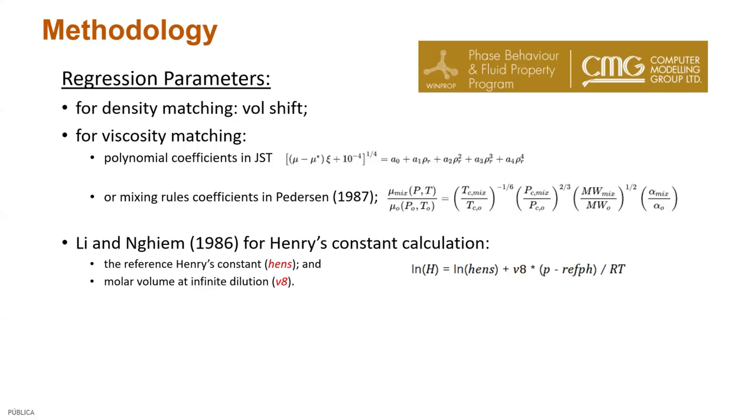There are other, more sophisticated models to represent solubility. However, most of these models are not available in GEM. Some of them are available in WinProp, so you can calibrate them in WinProp, but you don't have the output to input in GEM.